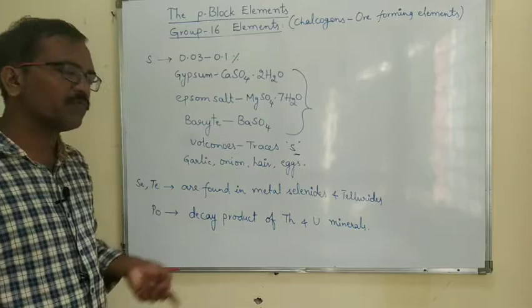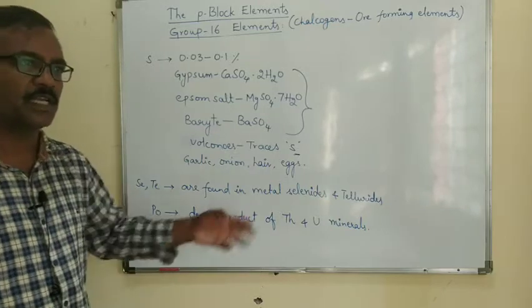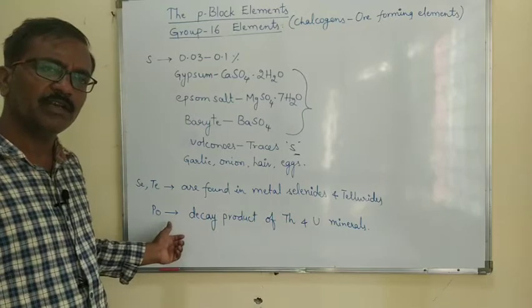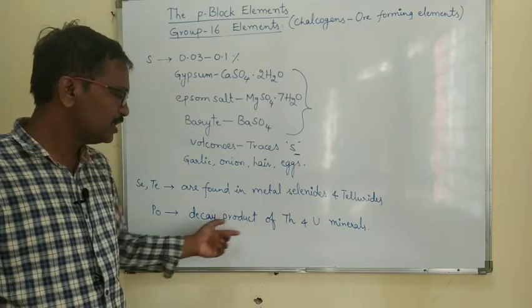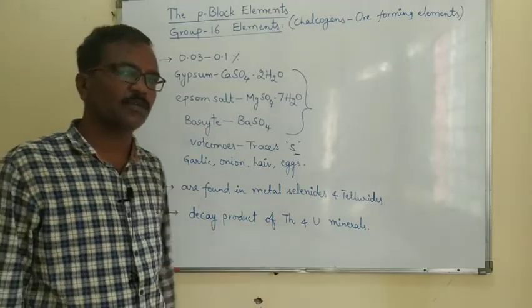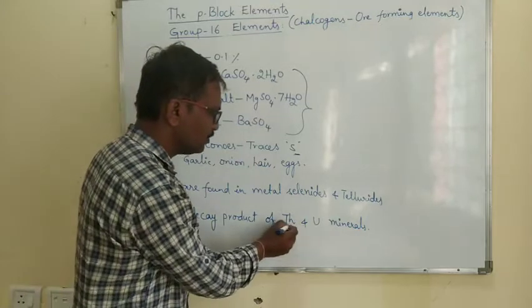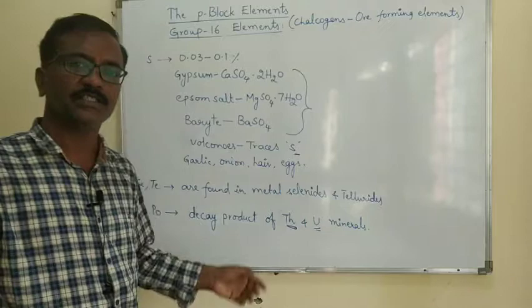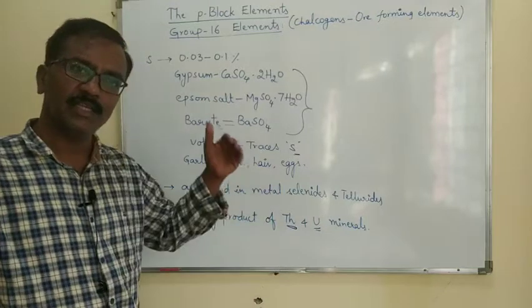Selenium and tellurium are found in the form of selenites and tellurites. Polonium is not directly available; it is a decay product of thorium and uranium. These are radioactive materials.